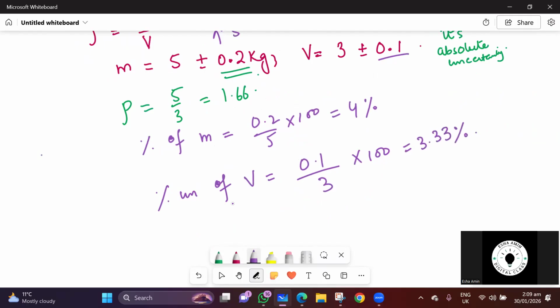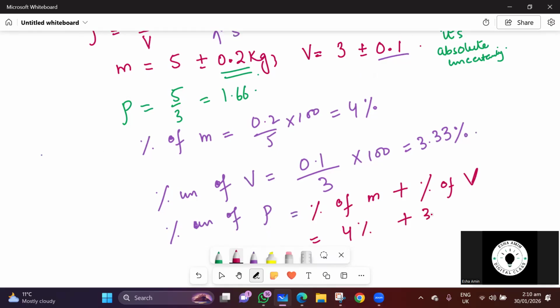Now we find the percentage uncertainty of density: we add the percentage of mass plus the percentage of volume. So that is 4% plus 3.3%, which is about 7%. That is the percentage uncertainty of density.